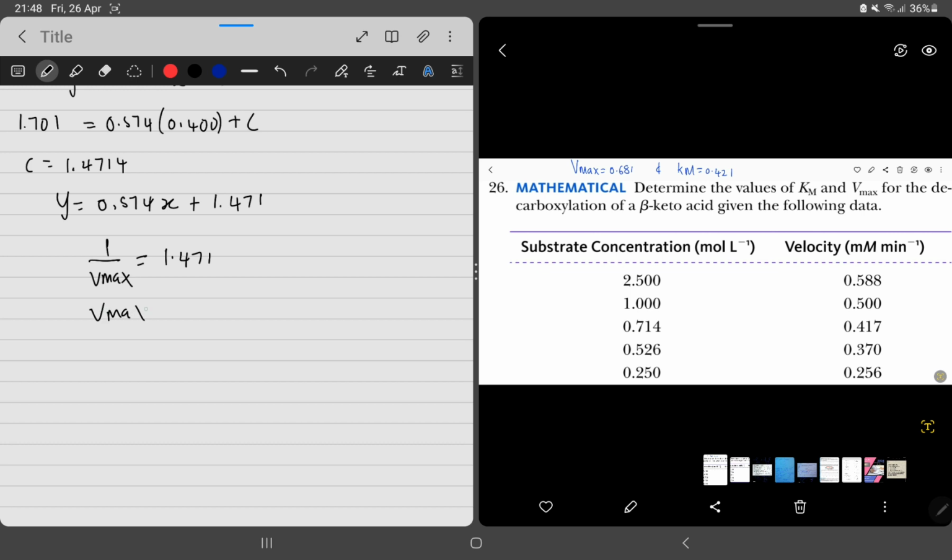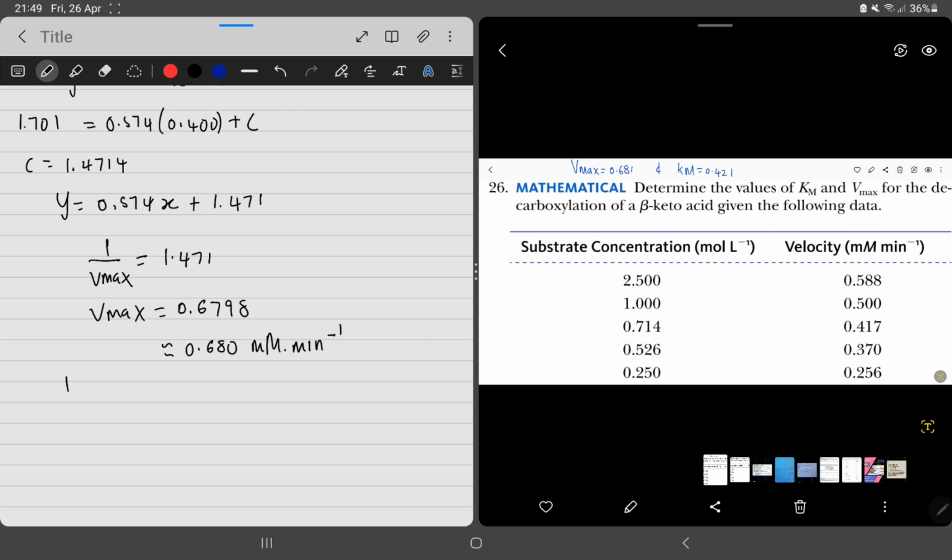So Vmax is equal to 1.471 to the exponent of -1. So this is 0.6798. Okay, and then now we're just going to find the x-intercept.